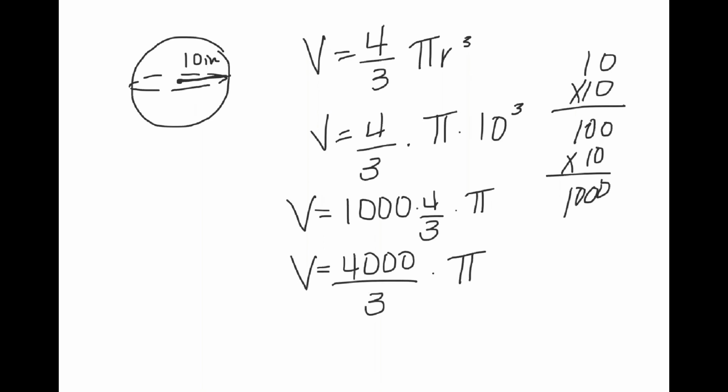And we can simplify it, but I'll just do it real quick. It would be 1,333.3 pi inches cubed. Sorry, I know I skipped some steps by using a calculator, but I don't want to waste your time with me doing math on the page. I want you guys to be able to see it all.